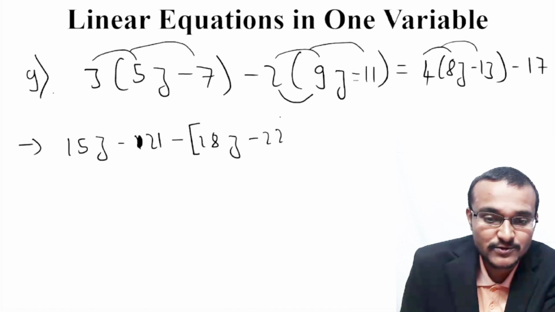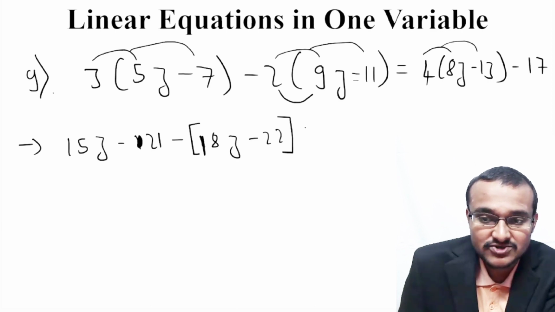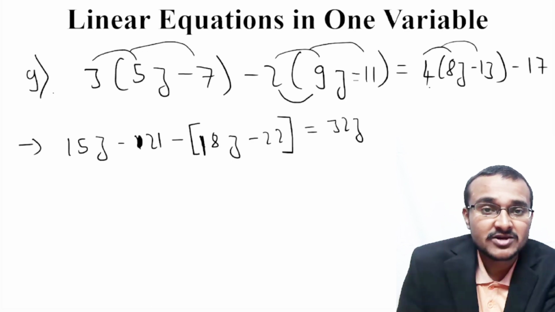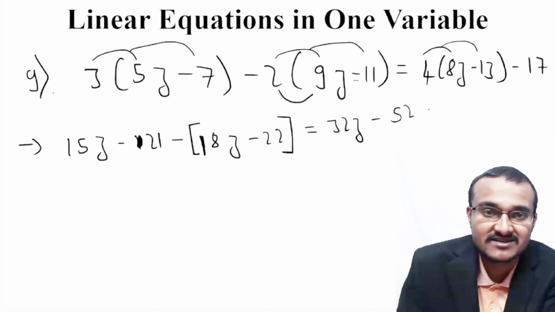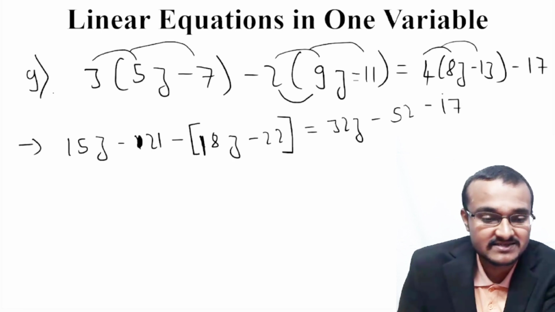So 18z minus 22, that is equal to 4 into 8. So 8 4s are 32z minus 4 into 13. So 13 4s are 52. So 4 into minus 13 will become minus 52. Minus 17 is there, so you write that minus 17 as it is.